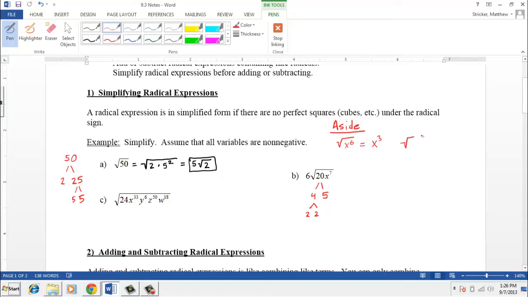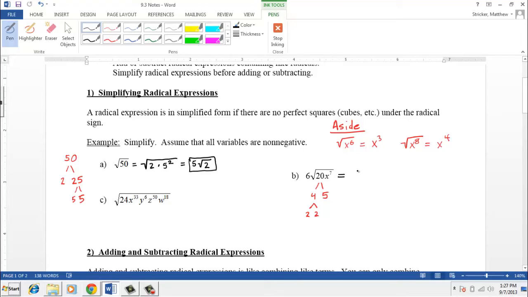Or for example, the square root of x to the 8th would be x to the 4th. But what about when we have something like this example where we have an x to the 7th, an odd power? Notice both of these right here, we had a 6 power and an 8 power. Those were even powers. If we have an odd power, what I like to do is peel off an extra x to make it look like an even power.